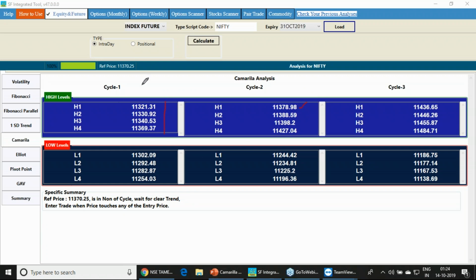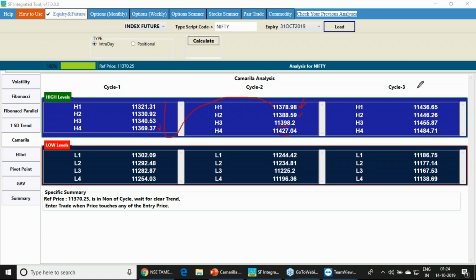So you can say the first cycle is ended. In the second cycle, if you are selling at 11,398, your stop loss will be 427 and your targets will be 389, 379, 369. Like this way, the opposite order can come.